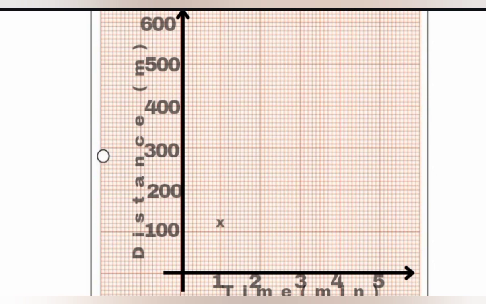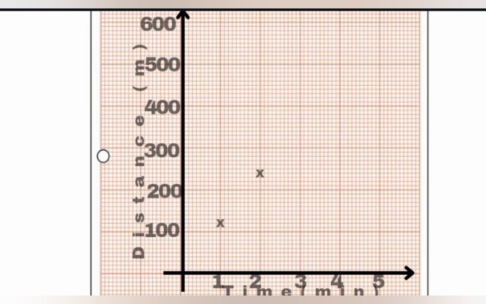The next point is the point where Chukwudi has walked for 2 minutes, and you are having him covering a distance of 240 meters. So what do you do? You locate 2 on the x-axis and locate 240 on the y-axis. You draw broken lines to see where they will meet. If you do that correctly, it will meet up at this new point. The next point is 3 minutes and 360 meters.